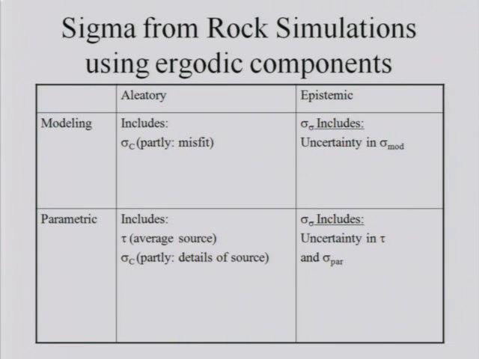Part of that sigma, my inter-event variability at the top with all of those pieces, and I didn't try to break it into the 5 pieces yet, goes in here. And I said partly goes in here because depending on your model, in an empirical model, it's all here. Okay? In a simulation model, some of it will be here, and some of it will be down here, depending on how we have parameterized the source.